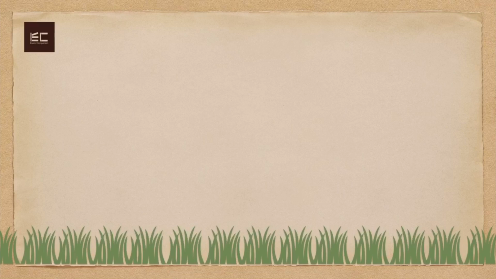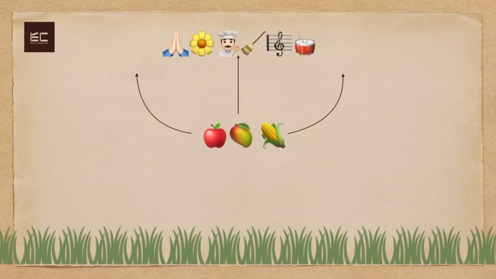So as you already know, rulers used to grant land for the temples. Also, the produce of this land, for example, crops, fruits, etc., were sold, and that money was used for the people who worked at the temple, such as priests, garland makers, cooks, sweepers, musicians, dancers, and so on.